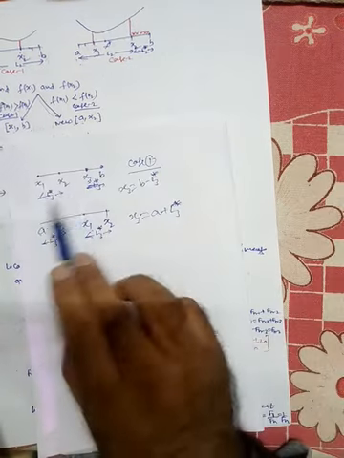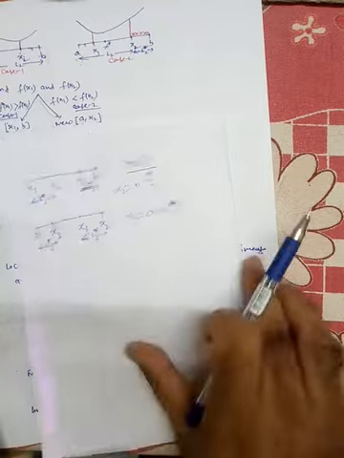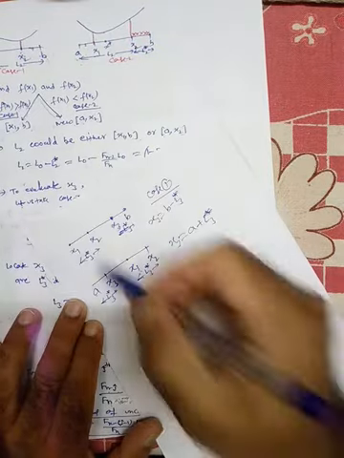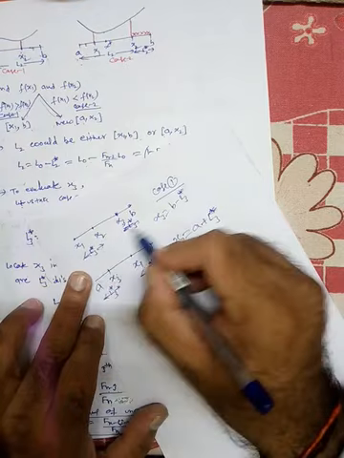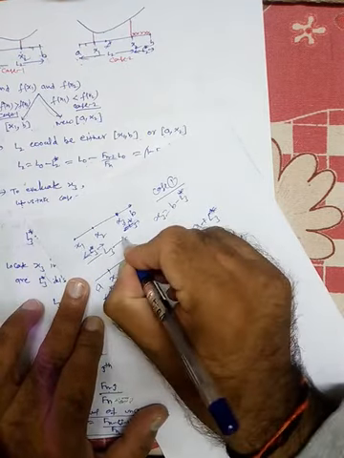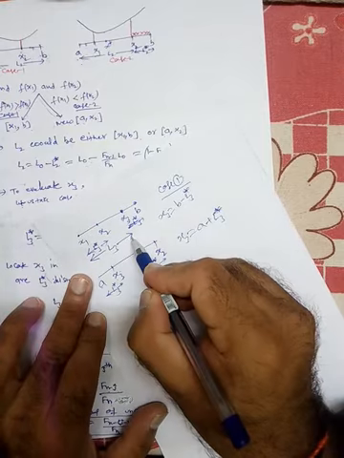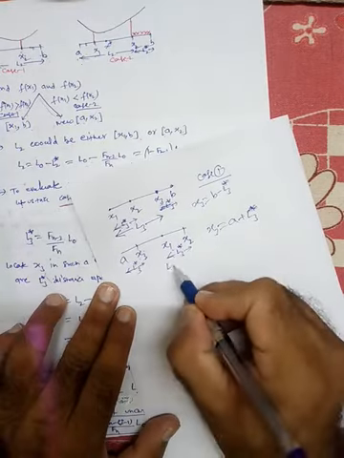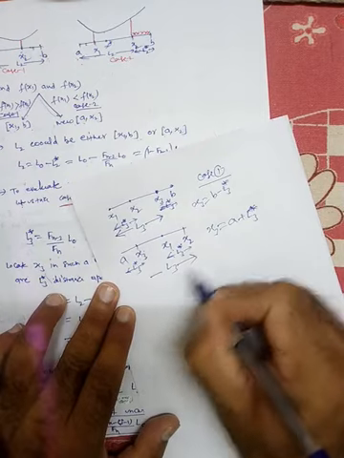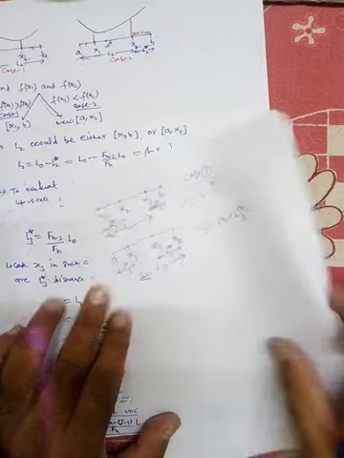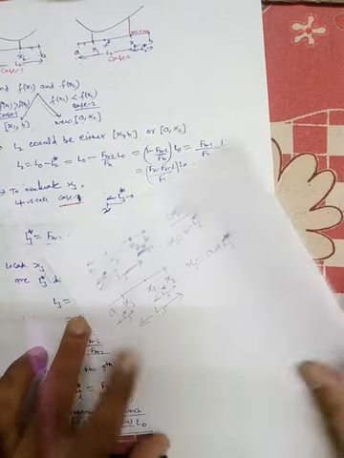Hence L3 will be the remaining distance, in the first case from here to here. तो बची हुई distance L3 होगी.